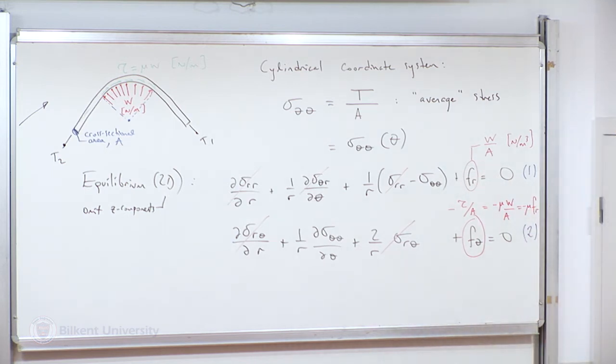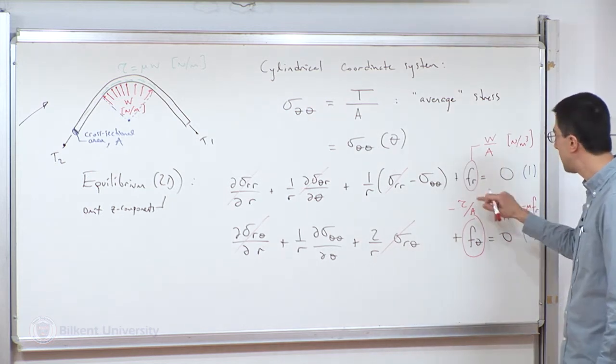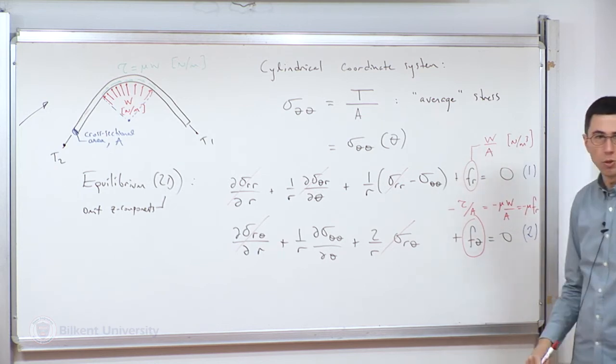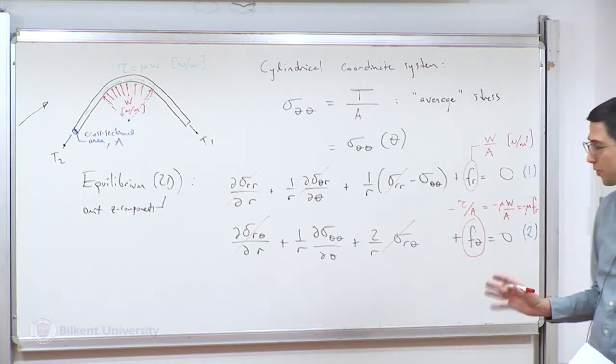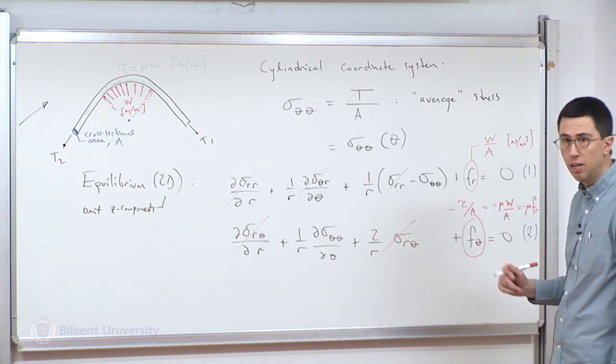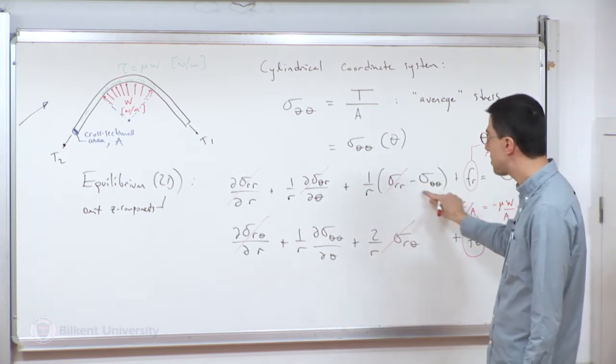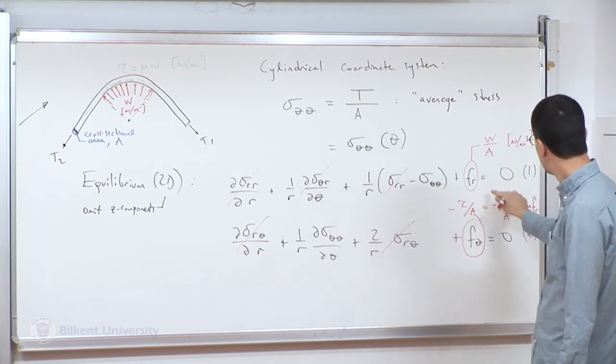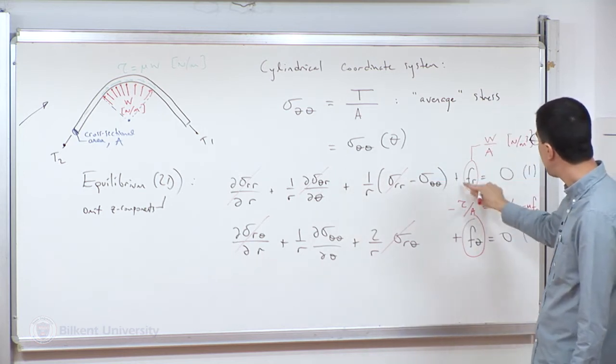Now at this stage, notice, however, I don't know what W is. If I know W, I know FR, or vice versa. If I know FR, I know W. But I don't know them. So that's something strange. When you look at this equation, I have essentially two unknowns: sigma theta theta, which is in terms of FR already, and FR.